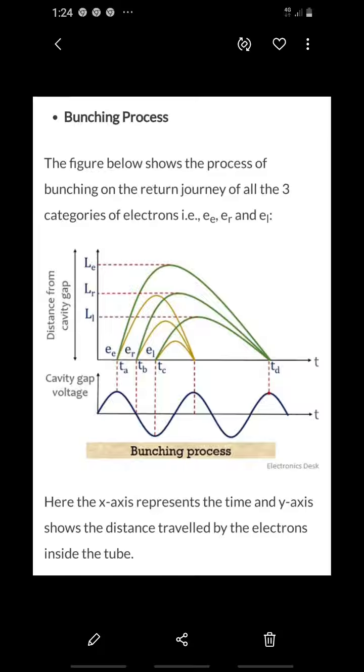Here the x-axis represents the time and the y-axis shows the distance traveled by the electrons inside the tube.